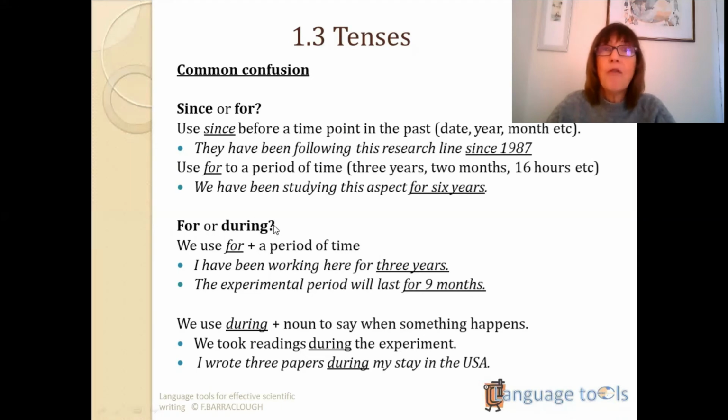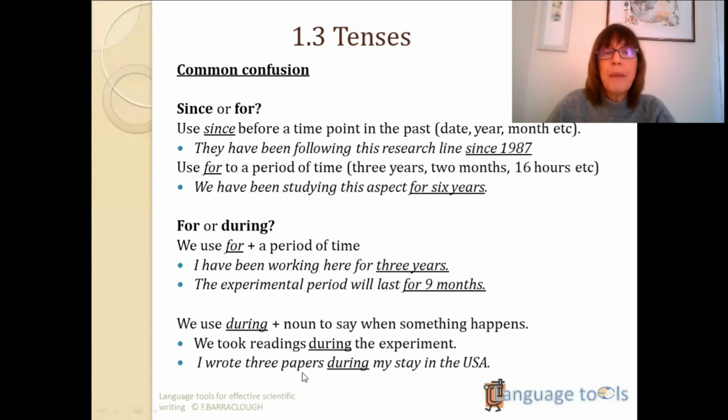Then this question of for or during. For is used, as we've seen, for a period of time, 3 years, 9 months. So "I've been working here for 3 years." "The experimental period will last for 9 months." Whereas during is followed by a noun. So "We took readings during the experiment."